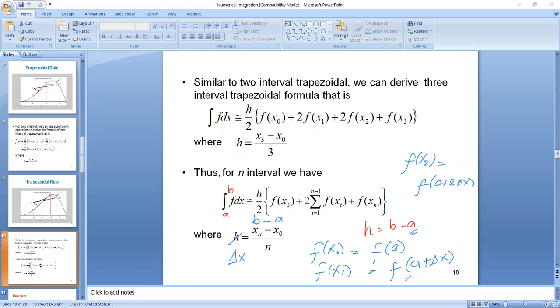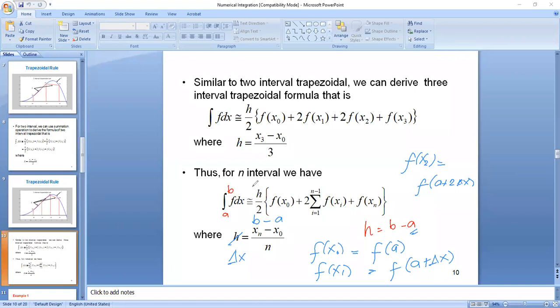Now, what we mean is you're going to increment the value of the variable in your function depending on this computed delta x. You will start with the lower limit until you reach, using your increments, the upper limit b. That will be illustrated in the specific example shown in the next slide, but that's how it is supposed to be understood.